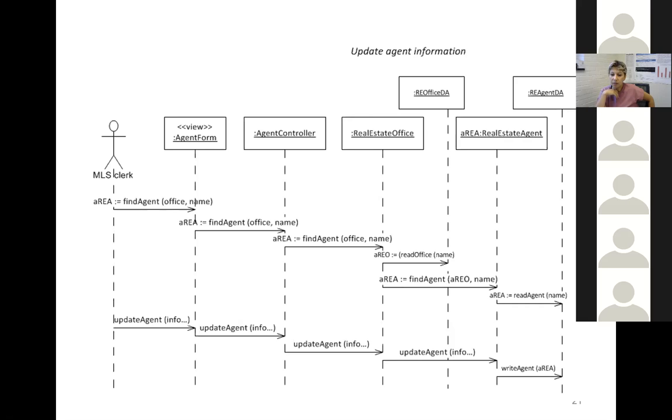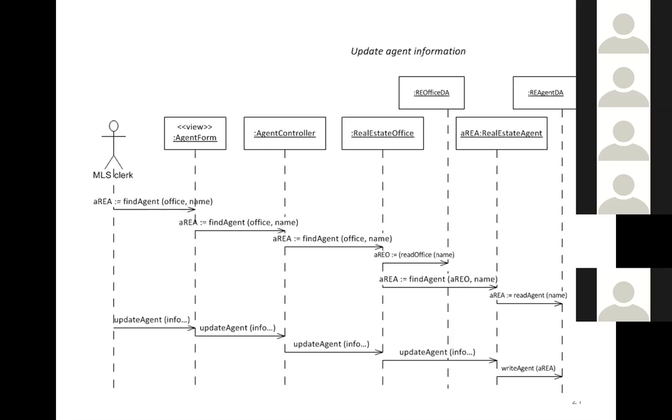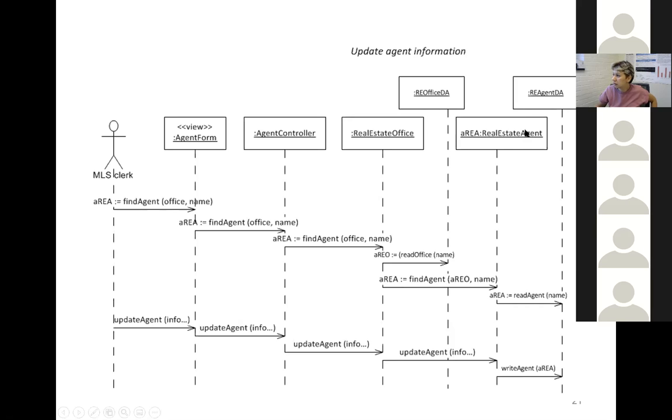How about real estate office? Let's see who is after Mike. Nick F. Real estate agent office was method 1. How about real estate agent? Are you talking to the domain layer object first or to the data access layer object first?